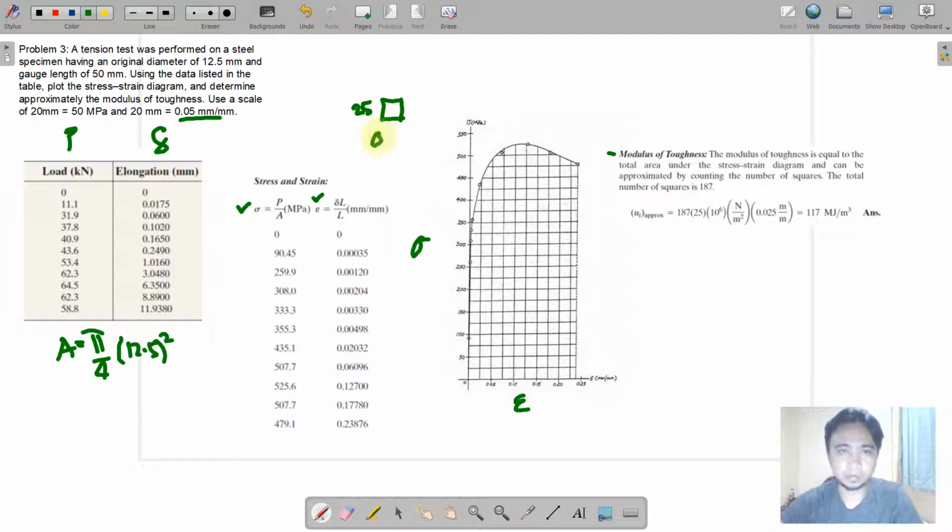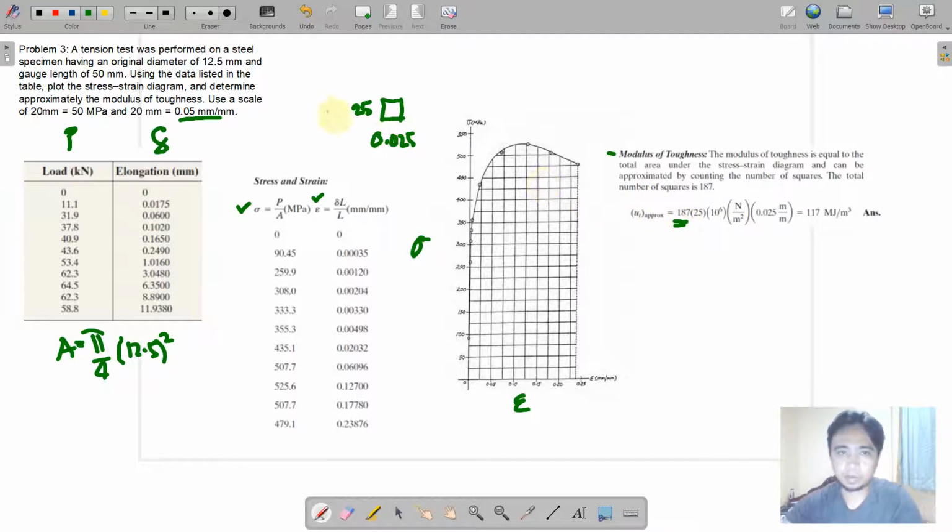So we have here 0.025. So all you have to do is manually count the squares here. Of course, two of these little squares could compose a single rectangle. So by doing that, it was counted to be 187 squares.